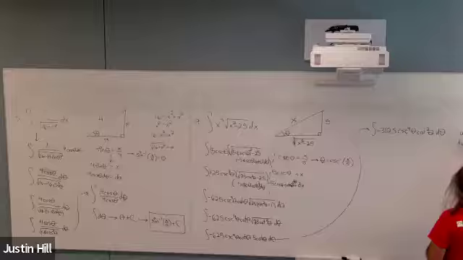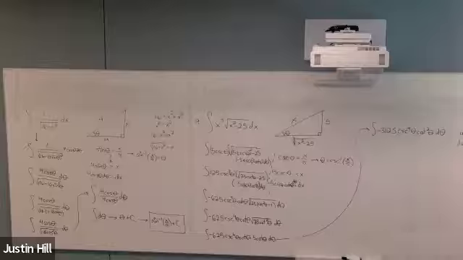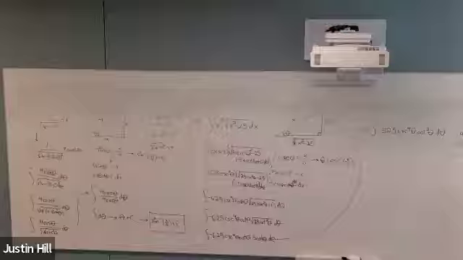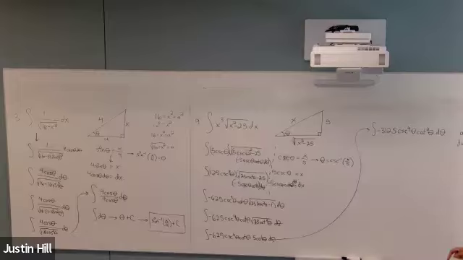So what about if u is cotangent theta? If u is cotangent theta, what's my du? Good. My du is actually negative cosecant squared. We'll use up that negative we have.